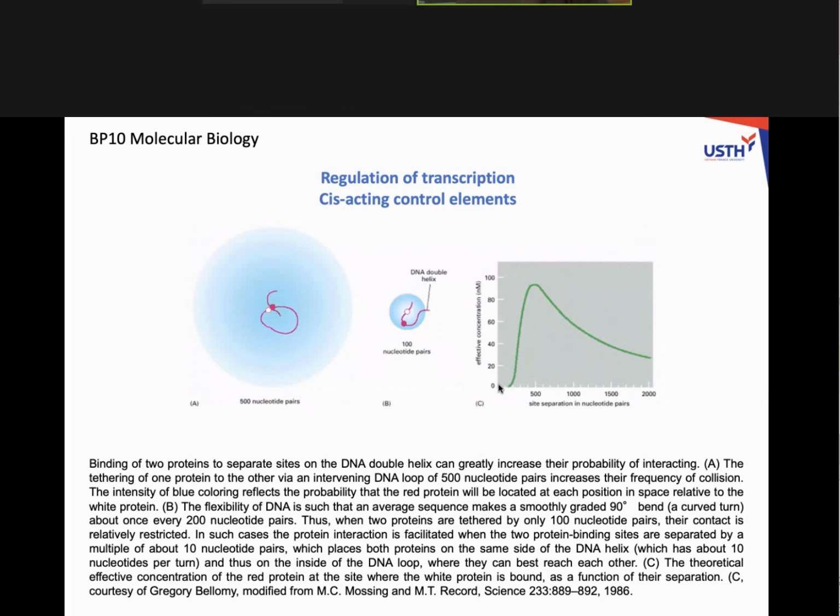If you check really well, every unit is 50 bases. From 0 base to 50 base of spacing between the two sites of interaction, it is 100% if it's one turn, and it is 0% if it is 1 turn and a half.